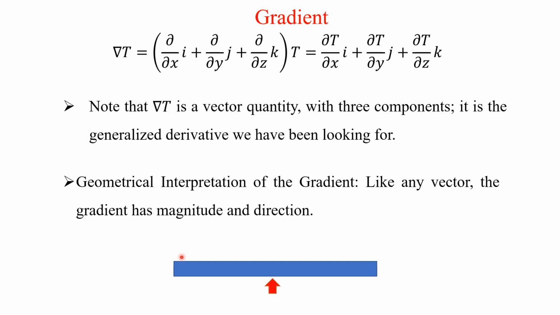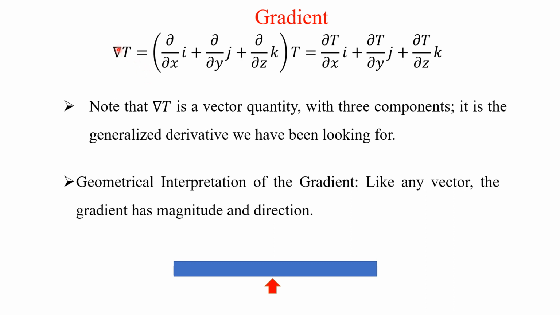Then the radiation will not vary along the horizontal axis, but along the vertical axis the variation will be very high. So naturally, though temperature is a scalar quantity, the temperature difference along different directions will differ, which is the characteristic of a vector.